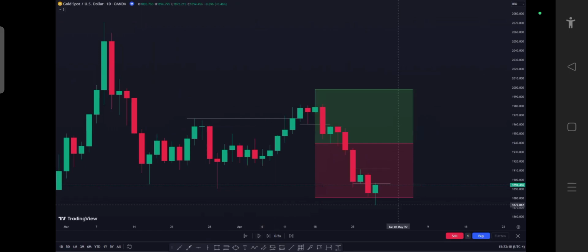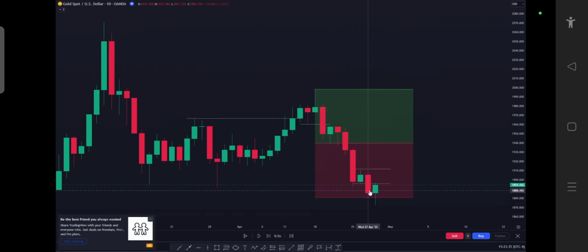Okay, see what price does. Price has traded below this one. It didn't form the swing low, but also didn't violate this candle's low with a full body.